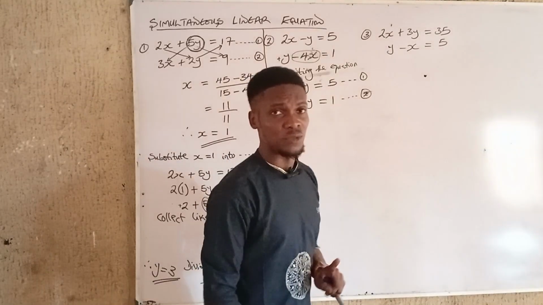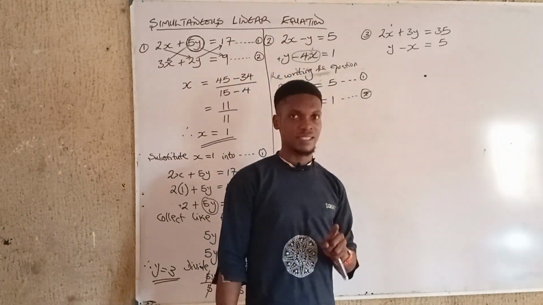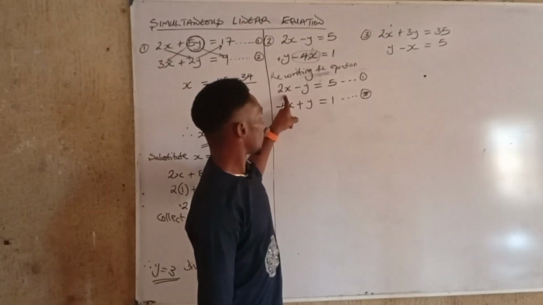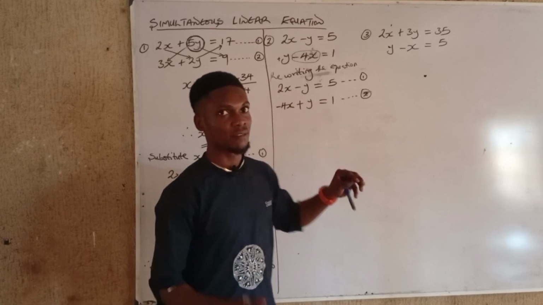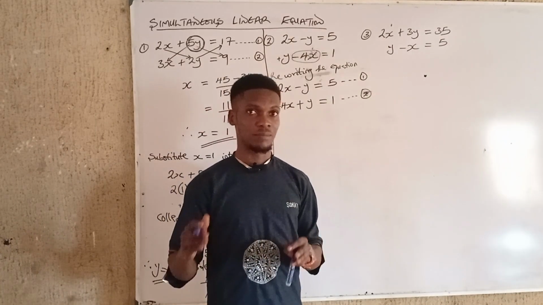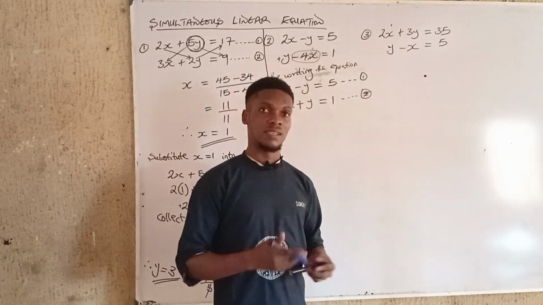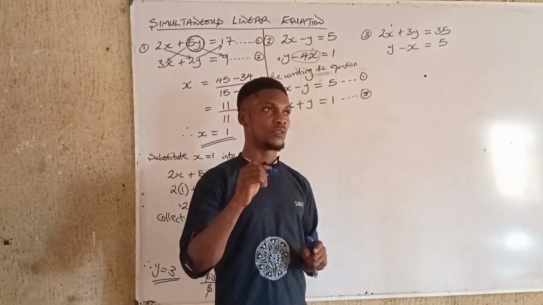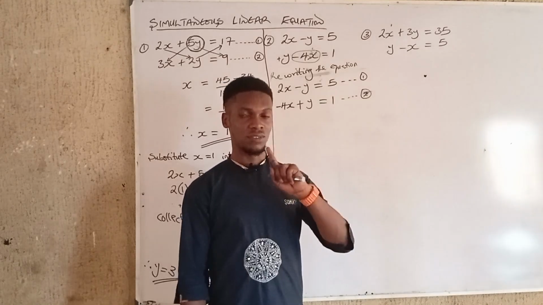Then remember, which alphabet are we looking for first? X. We are looking for X first because X comes first before Y. If you have A and B, you look for A first. If you have B and C, you look for B first. If you have U and V, you look for U first.